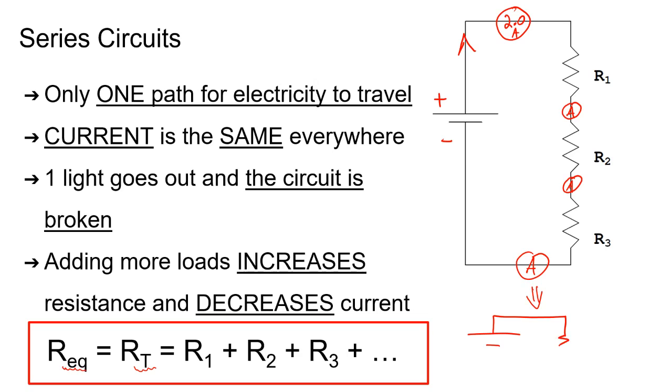I can then take those three resistors and draw a much more simplified version of this circuit and just replace all three of those resistors with an equivalent resistor. So if R1 was 5, R2 was 7, R3 was 8, then our equivalent resistance in the circuit would be 20 ohms. Okay, that's a tool that'll come in handy for us when we are solving our circuit puzzles in later questions.